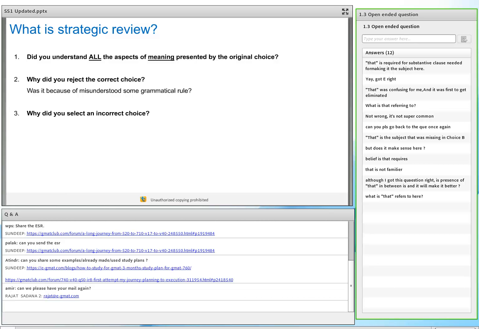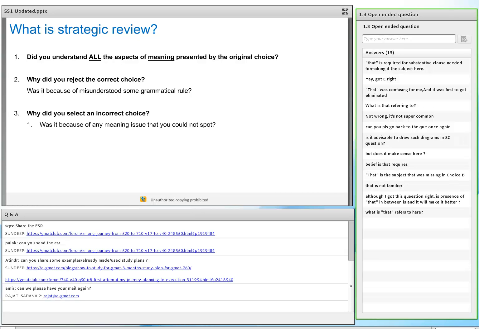And the third question is, why did you select an incorrect choice? Was it similarly because there was a meaning error that you could not spot? In choice C, the fact that both sets of experts were the same is a huge meaning error. People who chose choice C could not spot that.